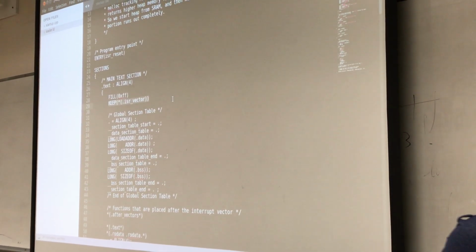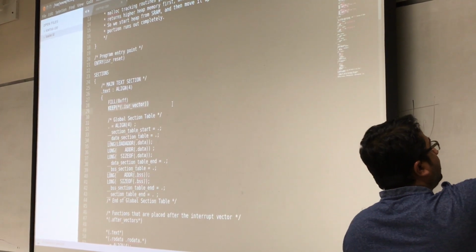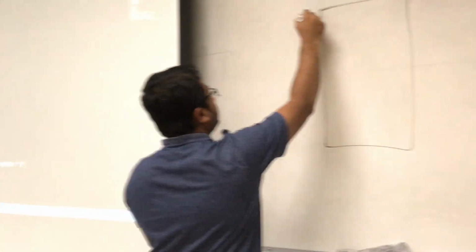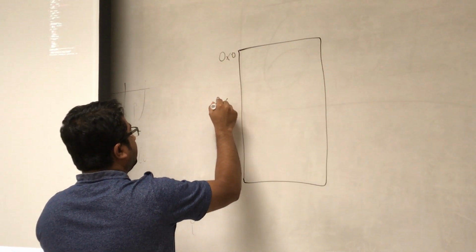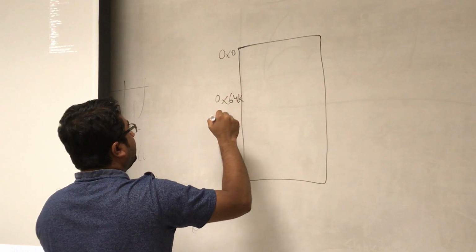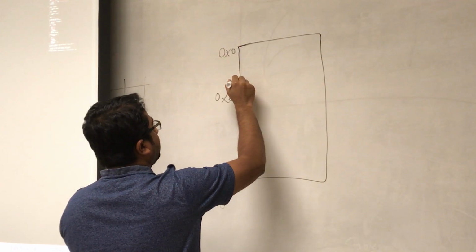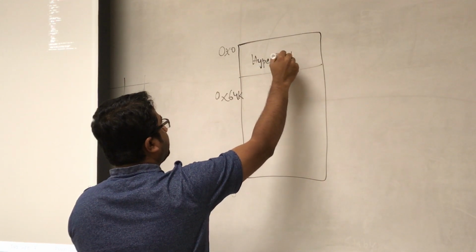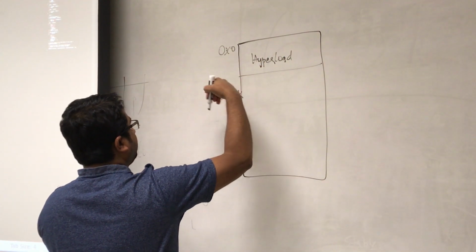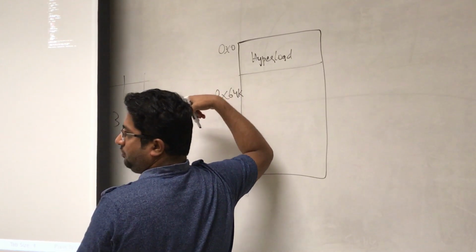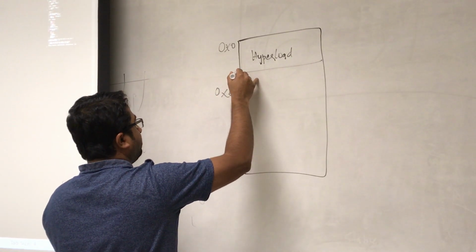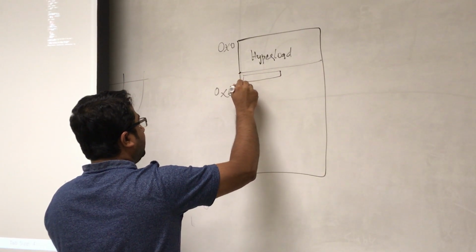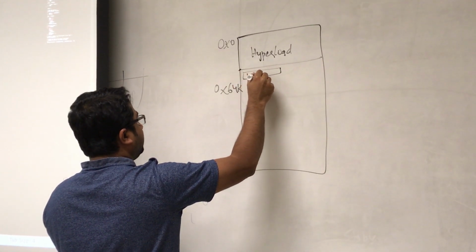So basically, if this is your flash, and say this is address 0, this is where your hyperload sits, and this is where your actual program starts to run. At the beginning of this address is where it's going to copy the ISR vector table.